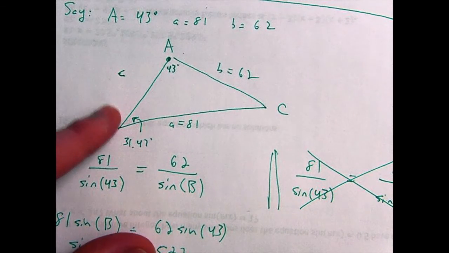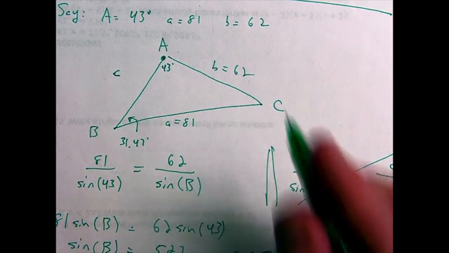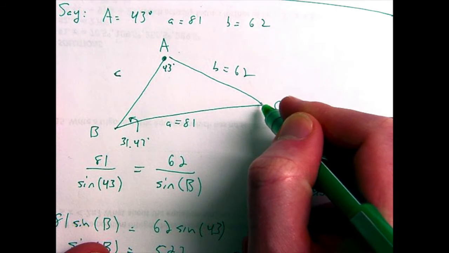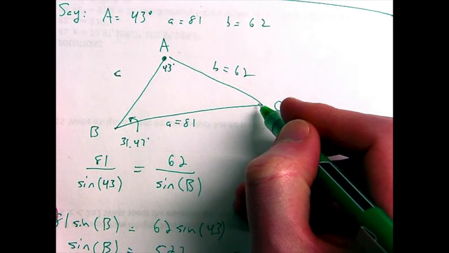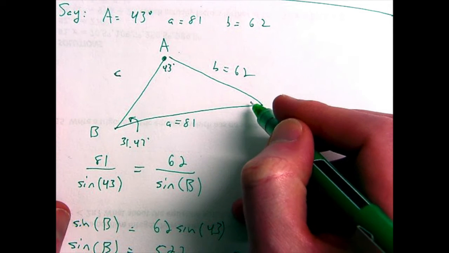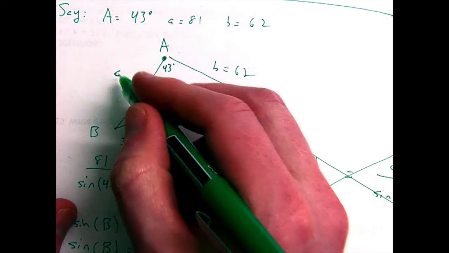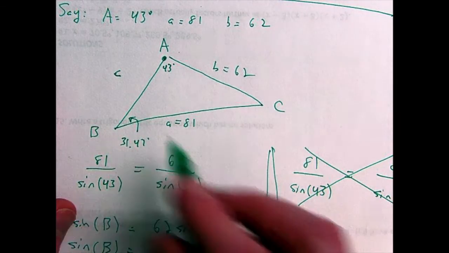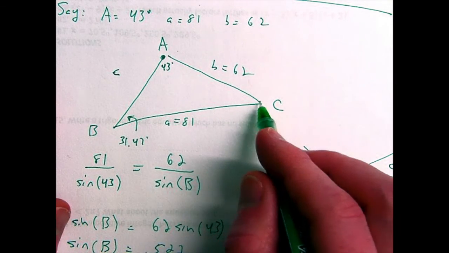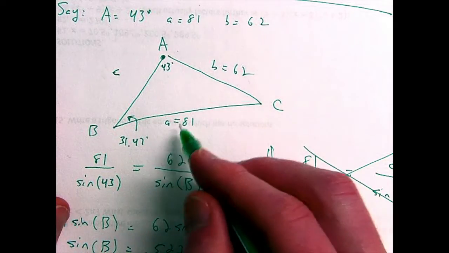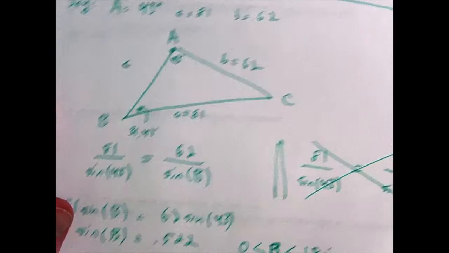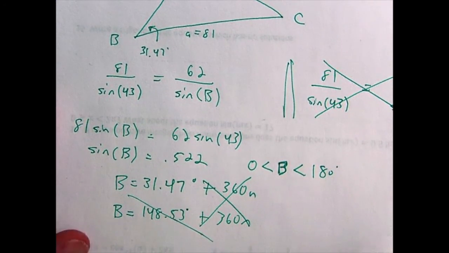Once you know this angle, the rest of the problem is pretty straightforward. Obviously, you can figure out angle C because these three angles add up to 180. And then once you know angle C, another application of the law of sines will give you little c. You could just say little c over the sine of angle C is equal to 81 over the sine of 43.